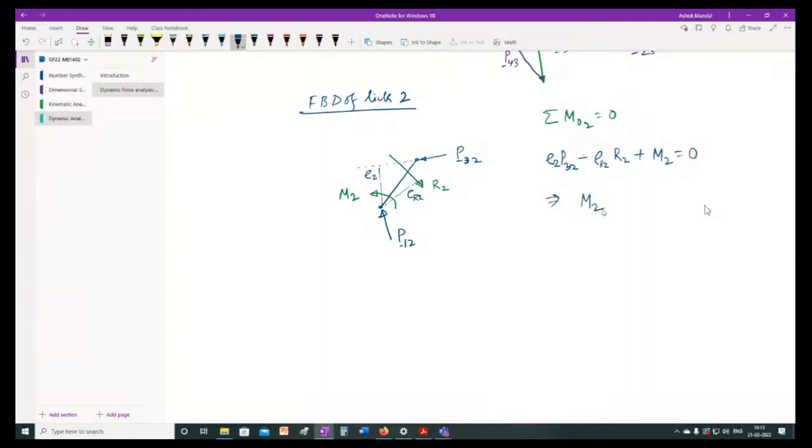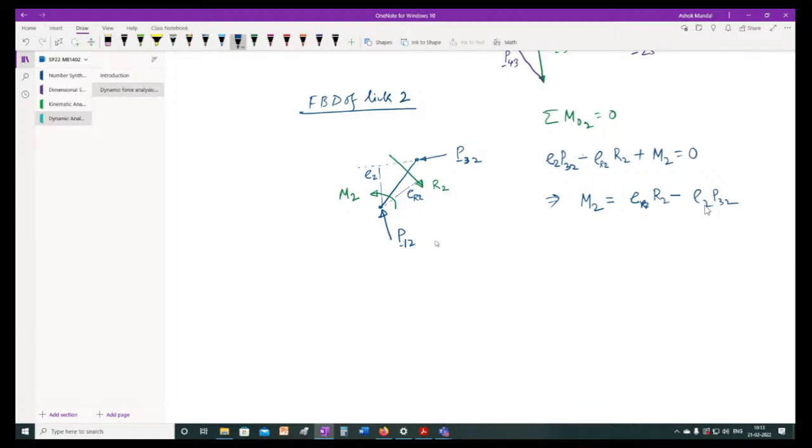So from here you can clearly see that ER2 into R2 minus E2 into P32 gives you the moment M2.